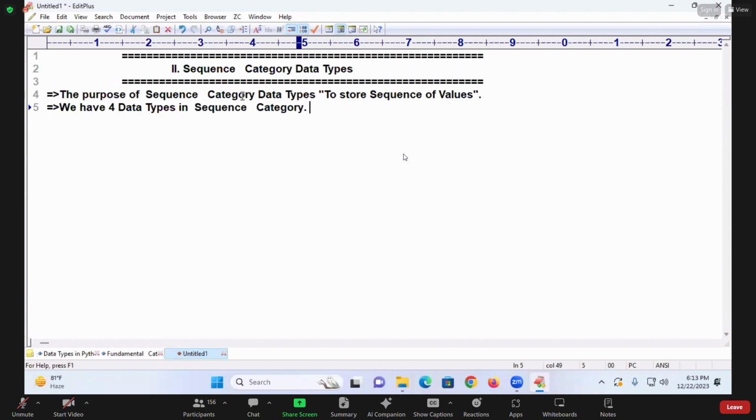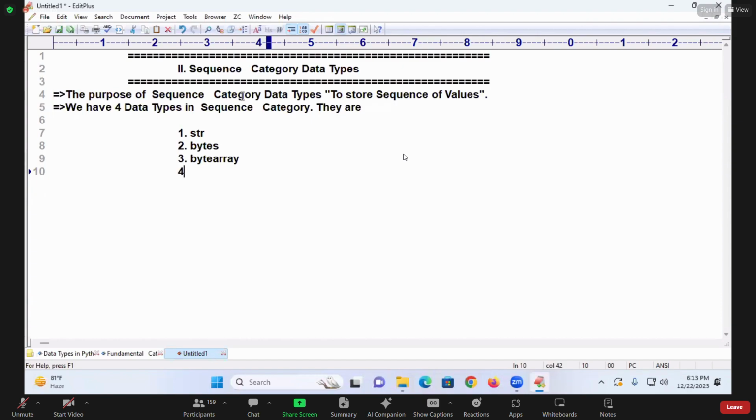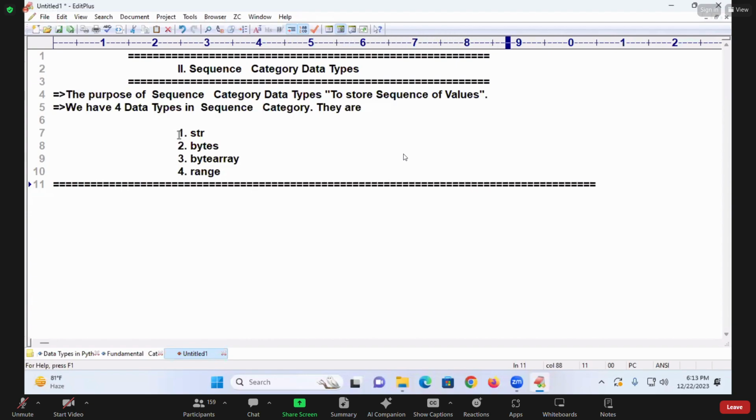I am writing them: first one is str, second is bytes, third is bytearray, and next is range. These are the sequence category data types. Students, all of them are important, each one having equal importance.